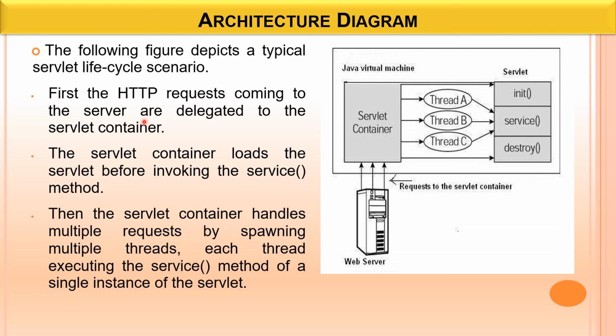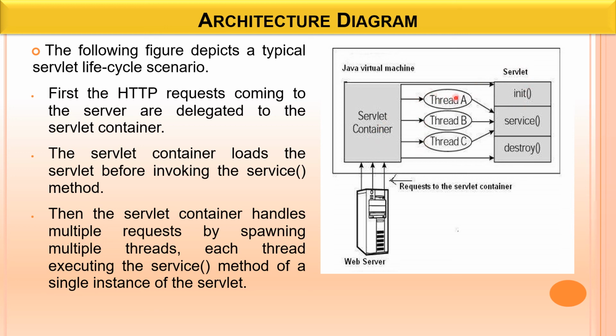Then the servlet container handles multiple requests by spawning multiple threads, each thread executing the service method of the single instance of the servlet. The Java virtual machine comprises the servlet container as well as the servlet.